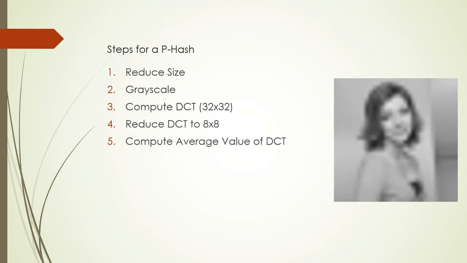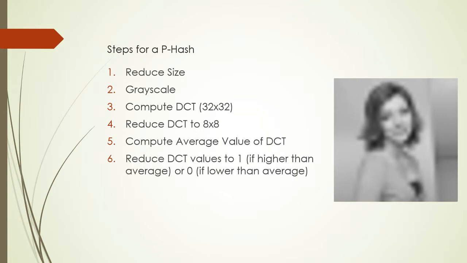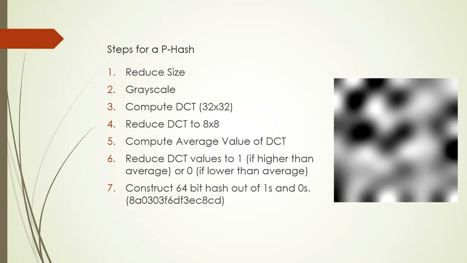And now that we have that, we compute the average value of those weights of the DCT. And after we have the average value, we reduce those DCT weight values to 1 or to 0. And essentially, because there's 64 different cosine waves that we've reduced it to, this will give us a nice 64-bit number of those ones and zeros.